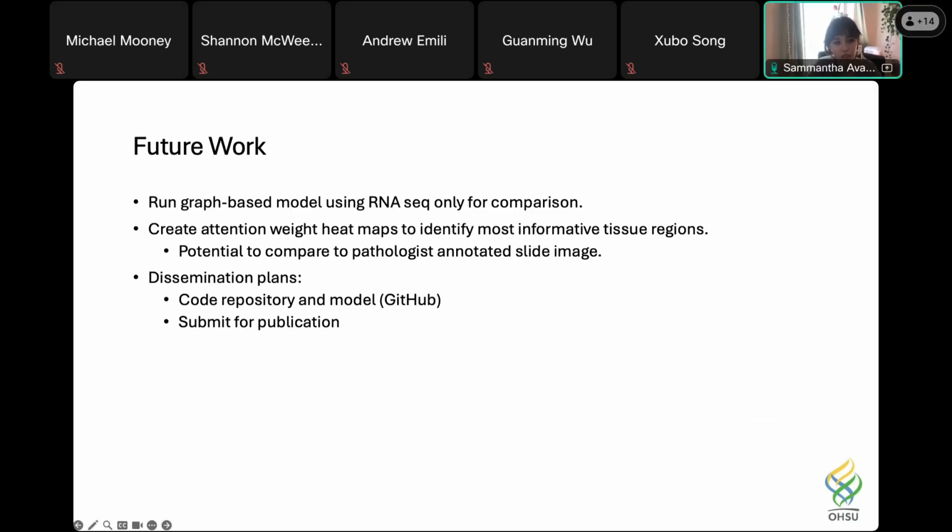And lastly, for dissemination plans, we do plan to create a code repository for our model through GitHub, as well as submit for a publication.